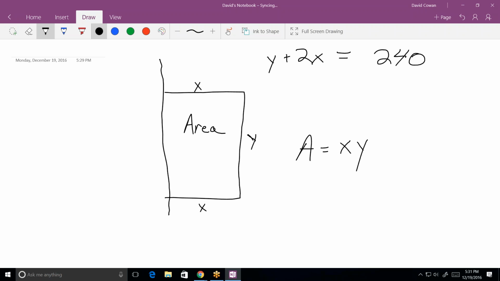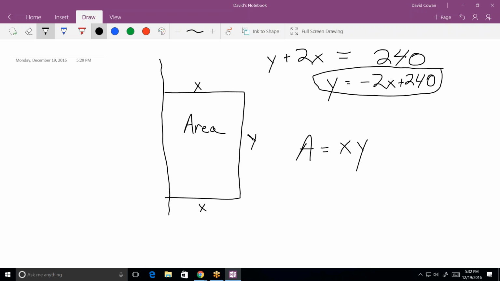Notice what that allows me to do. That's an independent equation, so that allows me to write y in terms of x.